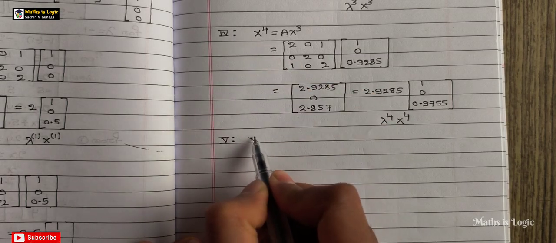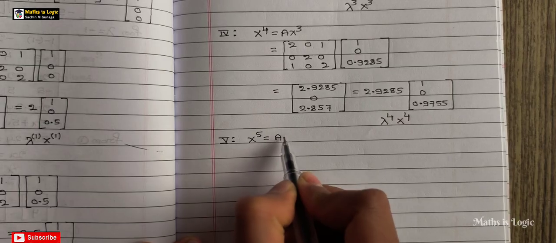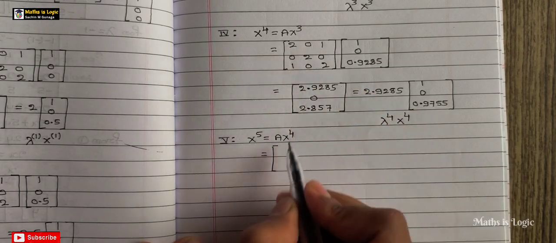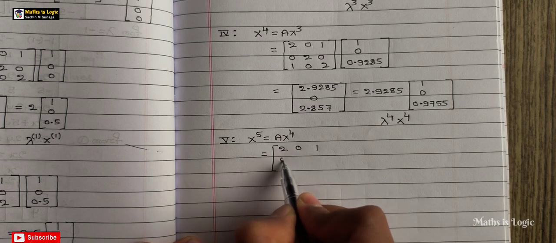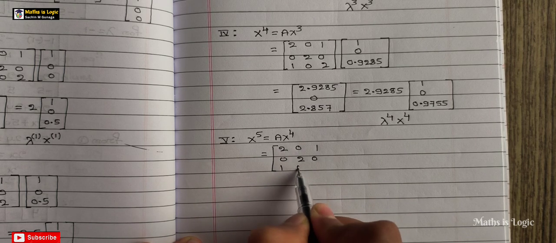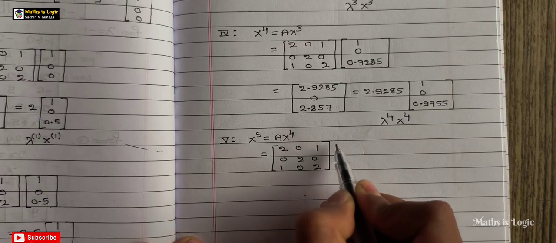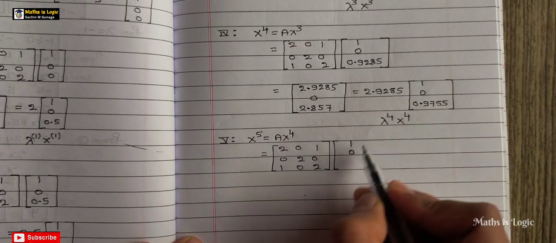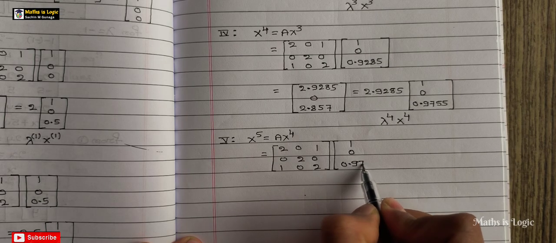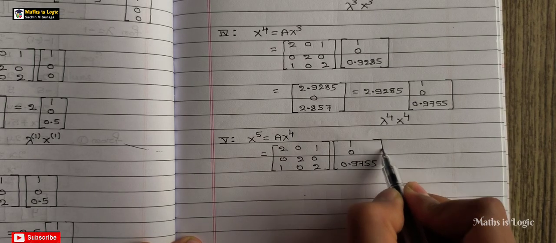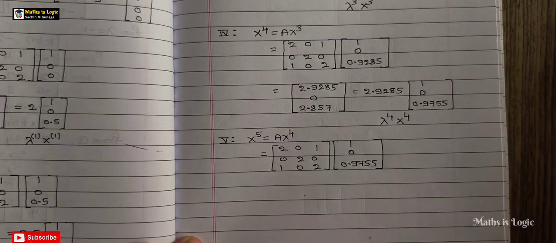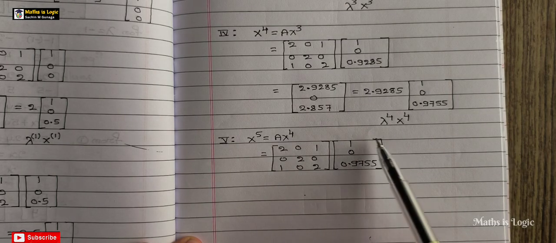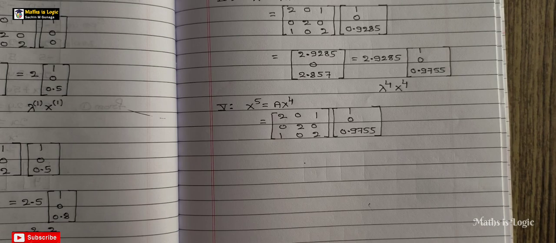So x5 is equals to A into x4. Again A is common: 2 0 1, 0 2 0, 1 0 2, into x4. What is the x4 value? 0.9755. So here again A is common, only we need to add the second matrix.